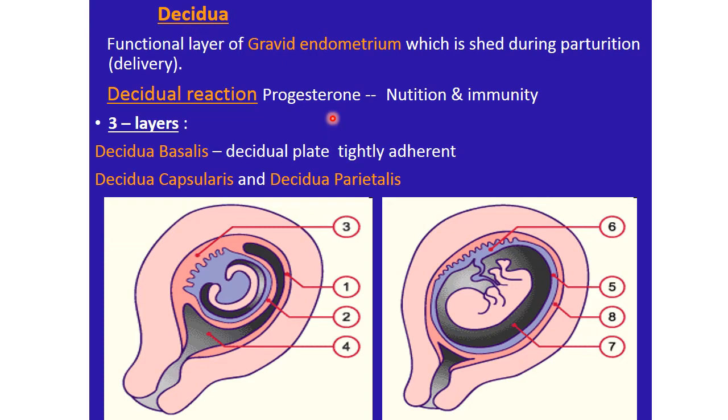And when some of them are degenerating due to the syncytiotrophoblast penetration, the released glycogen and lipid provides nutrition, and it also provides immunity.